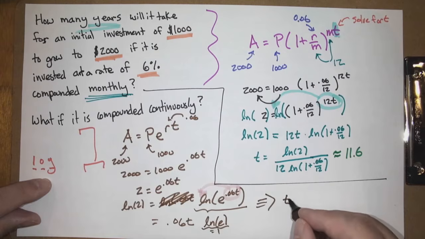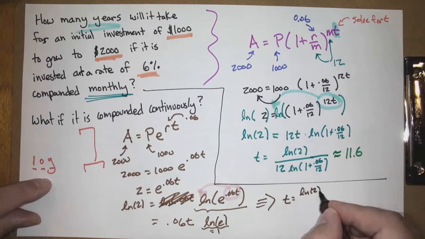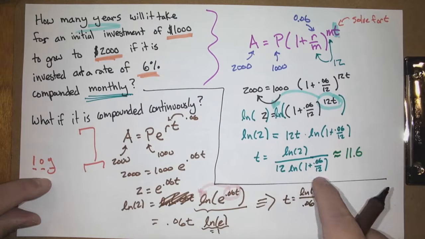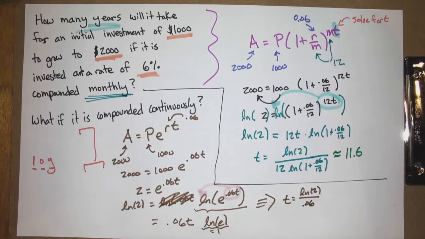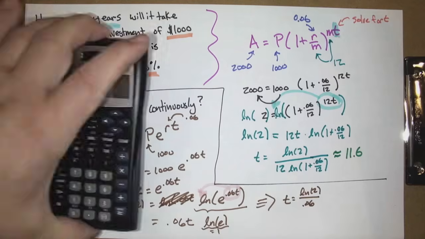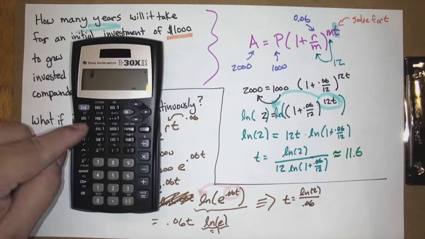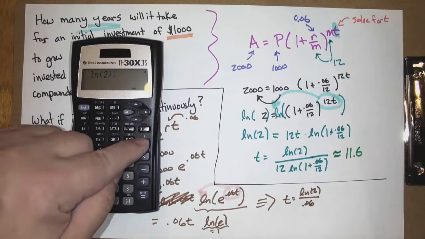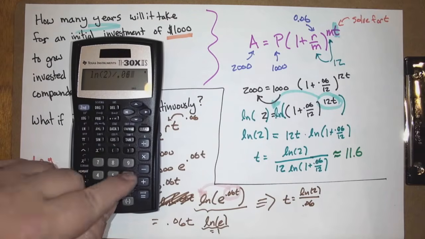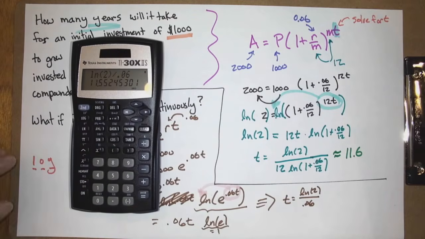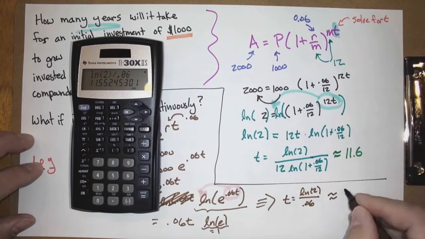Okay, so what do we get? Well, that says that t is the natural log of 2 divided by 0.06. And you might notice that seems like a nicer computation to carry out. And that's because it's a nicer computation to carry out. So we'll take our trusty calculator, log of 2, divide by 0.06, and we get 11.55.